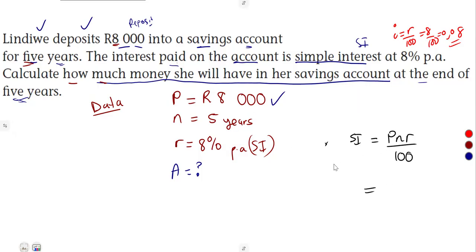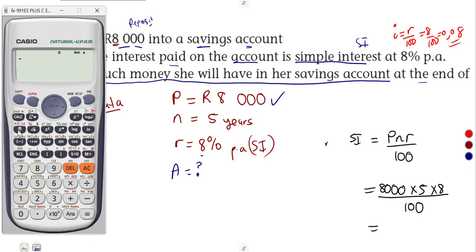Our principal is 8,000, the number of years is 5, then R there is 8%. So 8,000 times 5 times 8, everything over 100. This is 3,200.